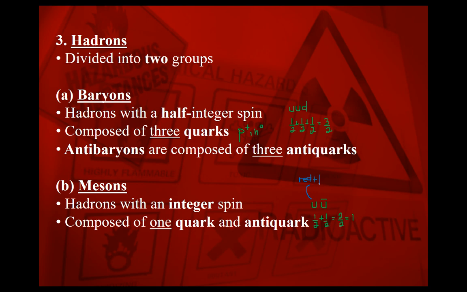This needs to be added to the color of the anti-up quark, because the net color must also always be equal to white. So no problem for the baryons. It'd just be like green plus red plus blue equals white. But what about red plus blank equals white? What do you think the missing color is? If you guessed anti-red, you are correct.